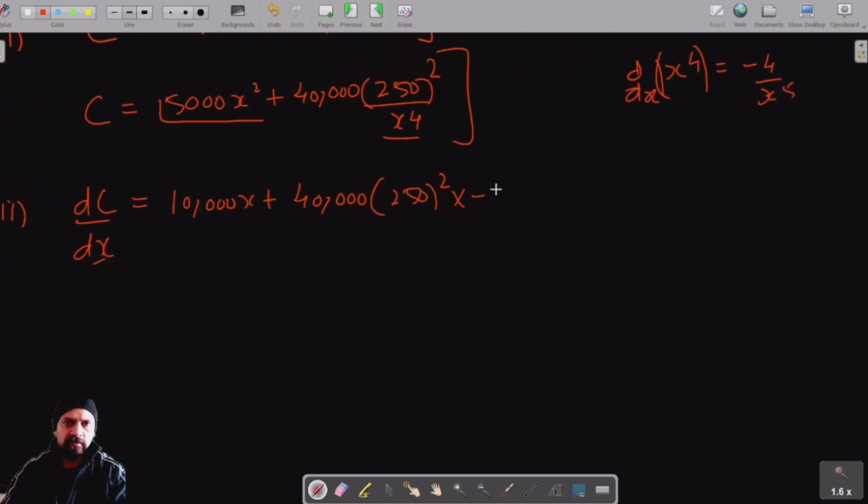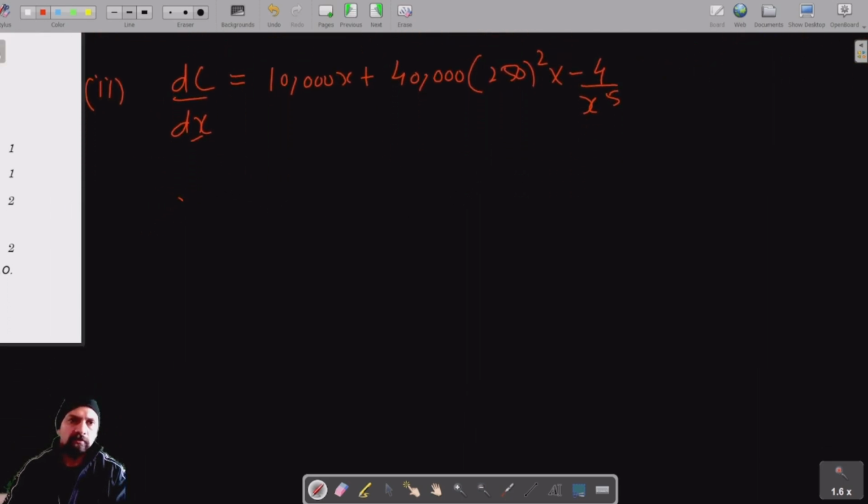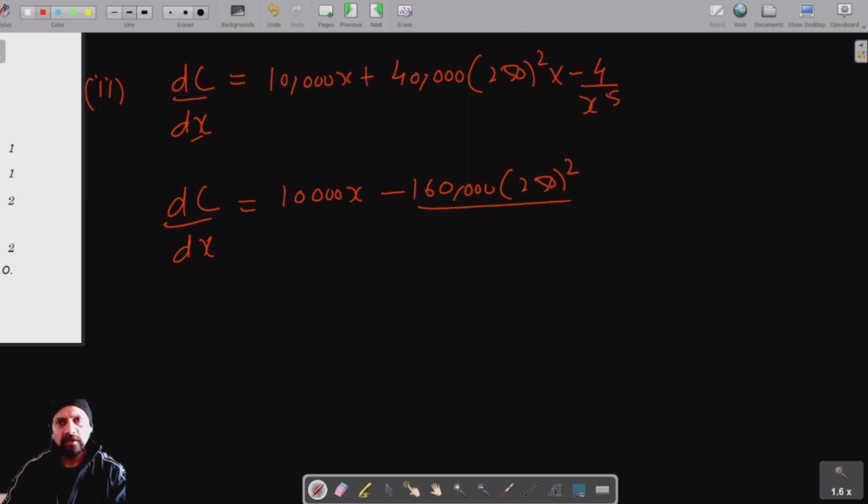So dc by dx is equal to 10,000x, and minus 4 into 4 is minus 16, so 1,60,000 into 250 square upon x raised power 5. This is dc by dx.